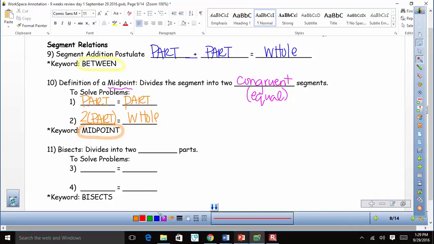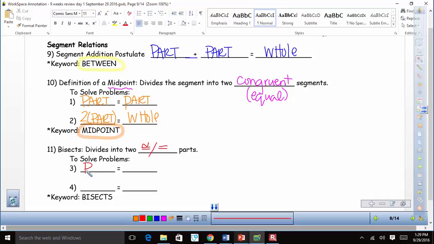And the last thing we talked about with segments were segment bisectors, which means it divides it into two what? Congruent or equal parts, okay? So if those two parts are equal, then what two equations also apply here?